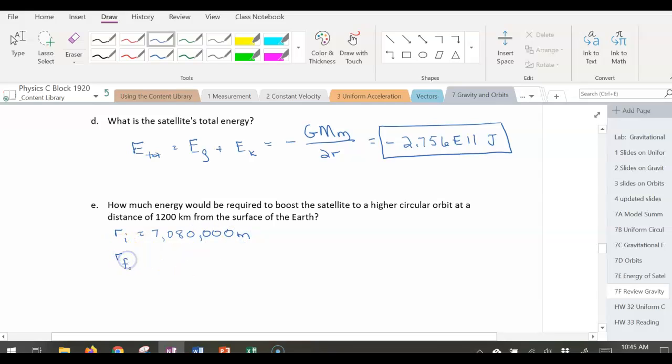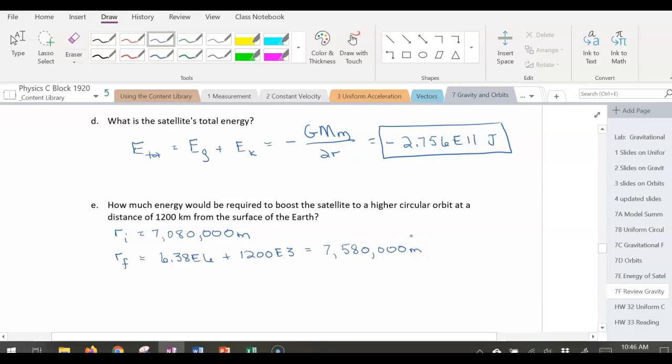Now this new final orbital radius would be the radius of the Earth plus 1,200 kilometers, so 1,200 times 10 to the 3rd meters. So it's going to be 7,580,000 meters.